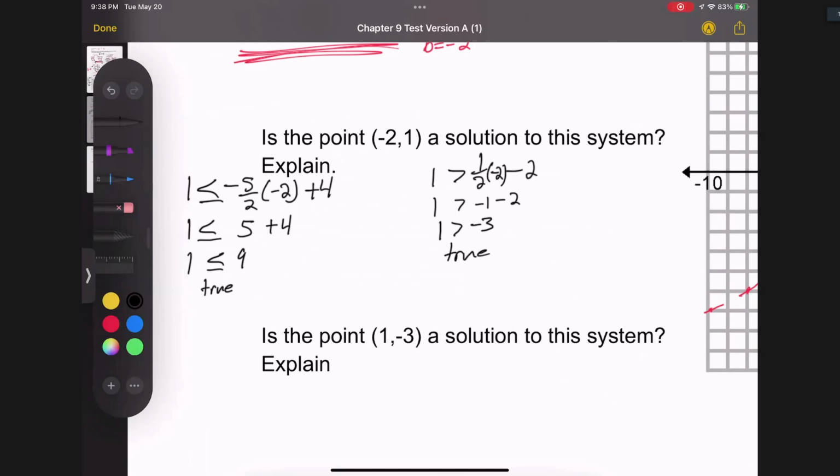But the first way is just showing it algebraically. I'm just going to say it is true. The reason, or I should say, not just true, it is a solution because it satisfies both inequalities.